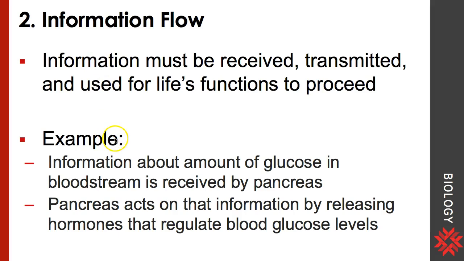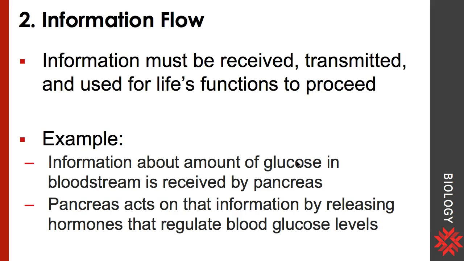As a quick example, if we eat a big supper, we digest that food, and then some of the nutrients like glucose pass into our bloodstream. So we've got high blood sugar levels, or high amounts of glucose in our blood, and our body has to regulate those blood sugar levels.